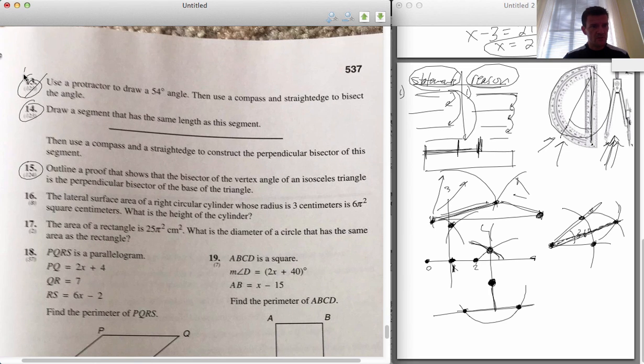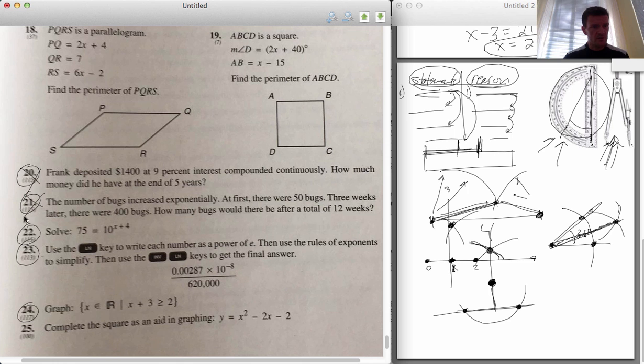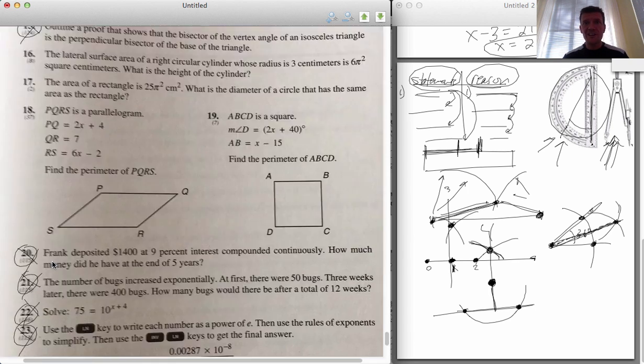Because we covered 123, 124, we covered all of these already. So, we're going to stop right there.